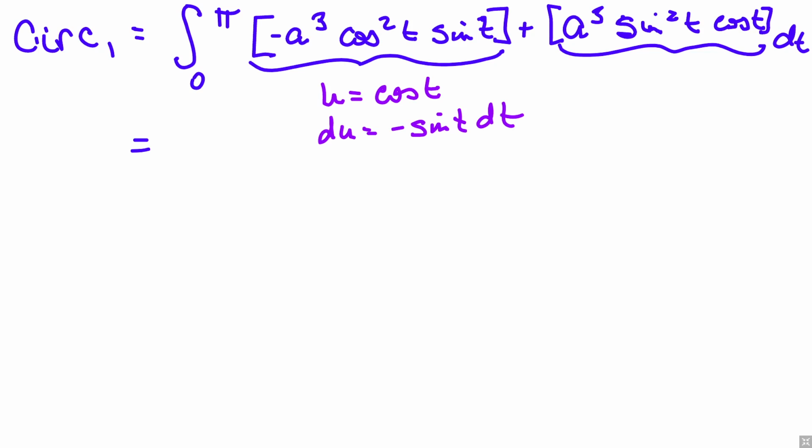Now we've got a negative sign here in the sine of t, so we've got everything we need for the u-sub. Keep in mind that a cubed is a constant. So we're integrating u squared, and we get one third a cubed cosine cubed t.